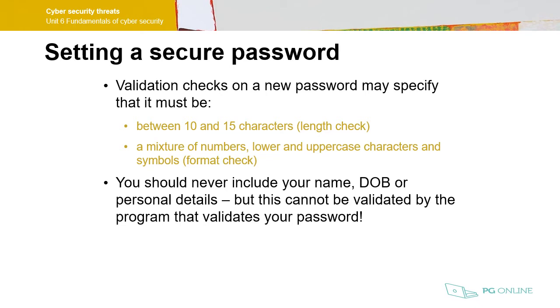In this case, there's a length check, possibly between 10 and 15 characters, although a lot will require only 8, and that the password will include a mixture of numbers, upper and lowercase characters, and symbols. That's called a format check. So these are 2 validation checks that a system can put on to make sure that you use a strong password.